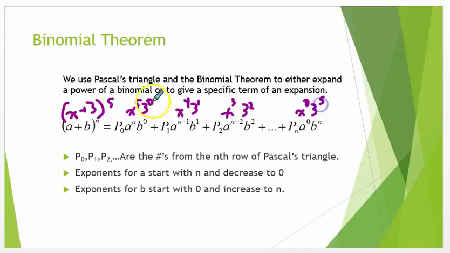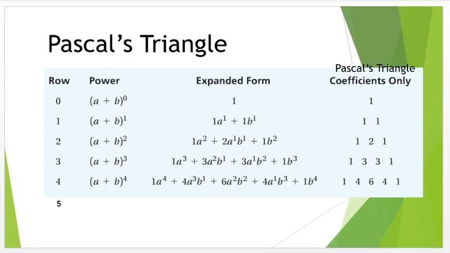So wherever your exponent started from, that's where this term will end. So you're really just following 3 patterns. And like I said, I didn't fill in the coefficients for p sub 0, p sub 1, p sub 2. You'll see where those numbers come from on the next slide.